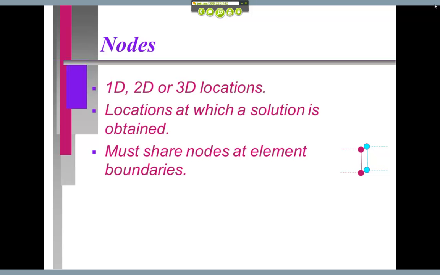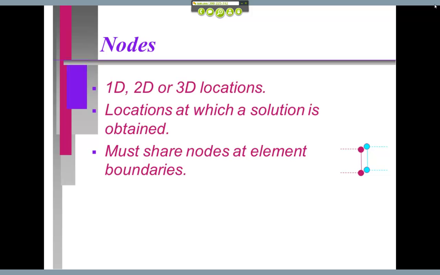So if we have this blue element and we have this red element, and they are intended to be next to each other, then the red and blue elements must share nodes, or they must be tied together with a rigid. So if this were a part file, they need to be exactly the same.